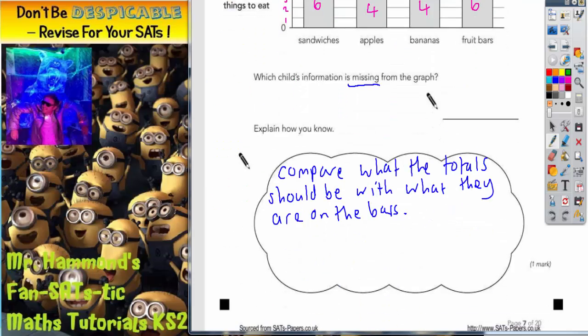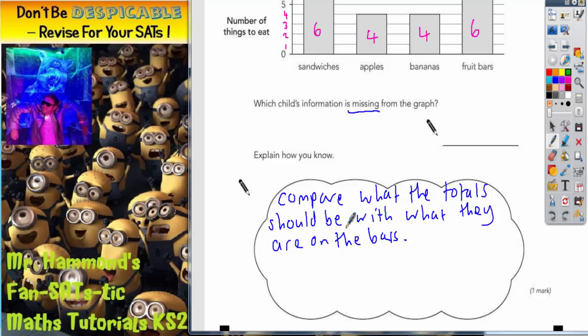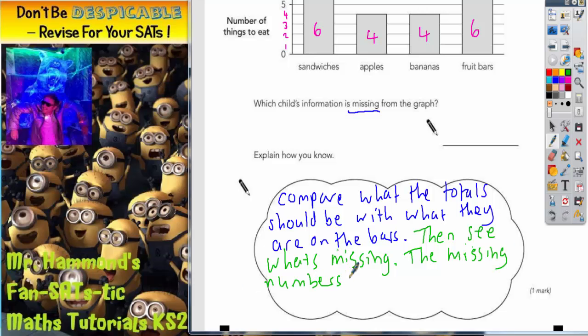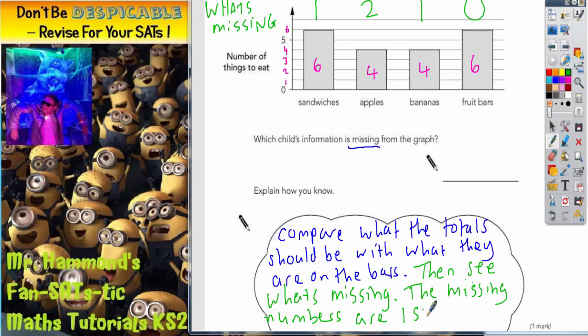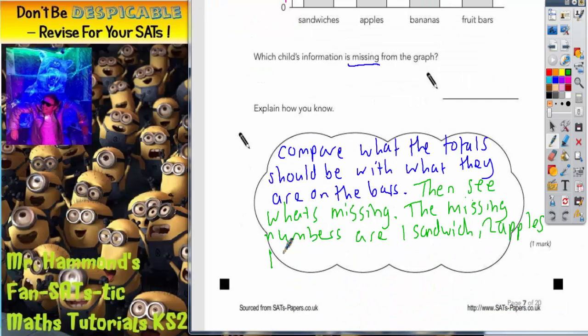So as for our explanation, we've put compare what the totals should be with what they are on the bars, then see what's missing. The missing numbers are 1 sandwich, 2 apples, 1 banana and no fruit bars.